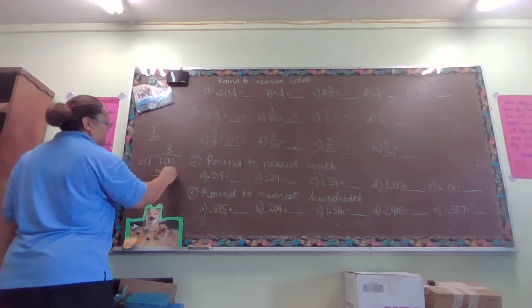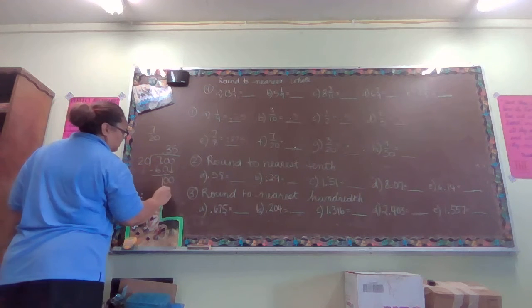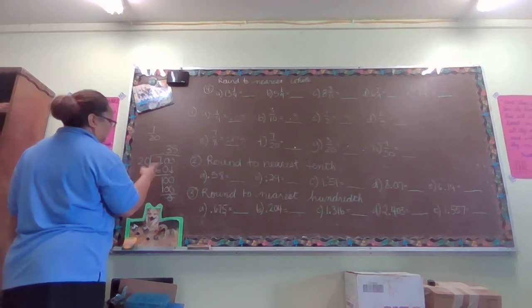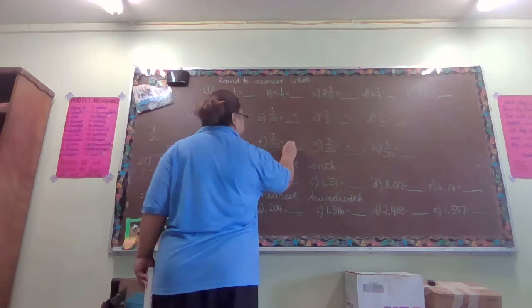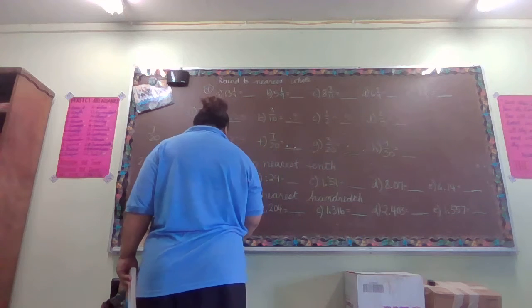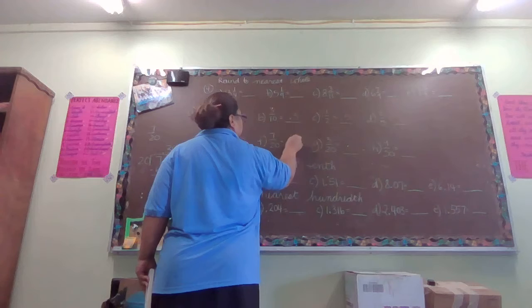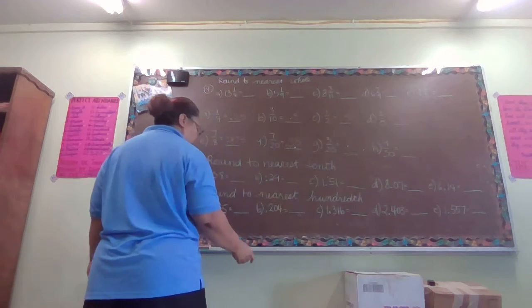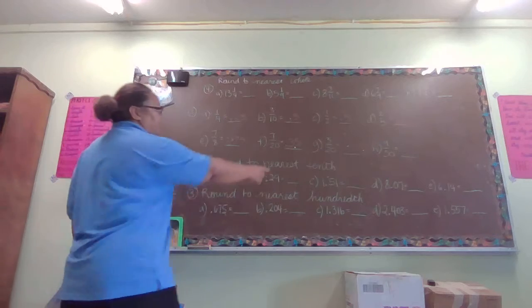Add another 0. How many 20s in 100? 5. 5 times 20 is 100. So the answer is 0.35. I don't know if you can see that. Maybe I'll just continue using the white. So 0.35.